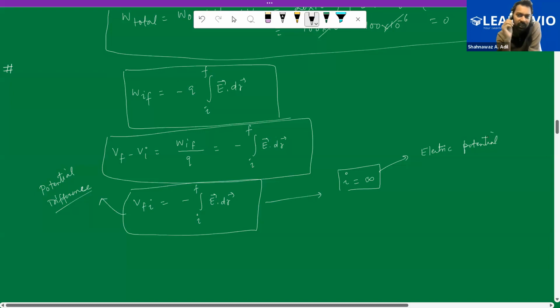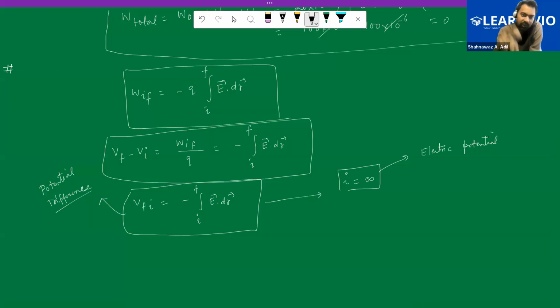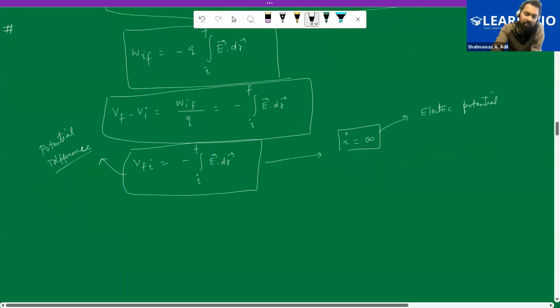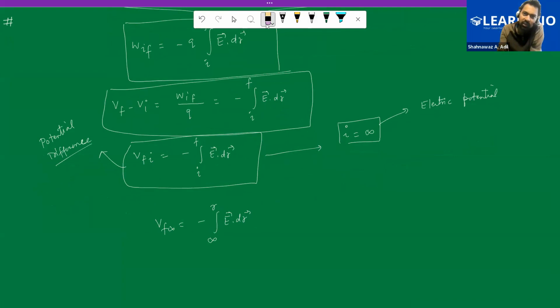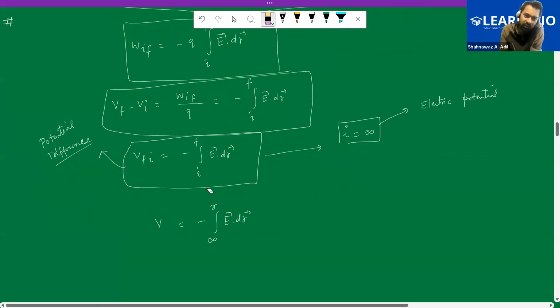If I am bringing a charge from infinity to a fixed point, that will become the electric potential. So if the initial point is infinity, then this would be infinity to, let's say, some fixed point R, E dot dr. So that is the electric potential, and it is usually denoted as V.